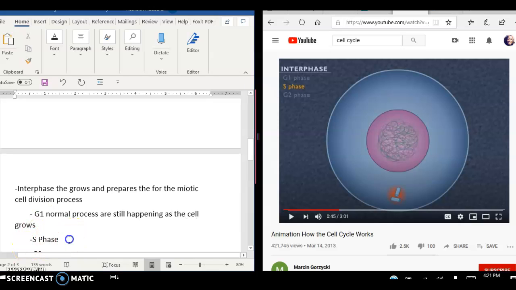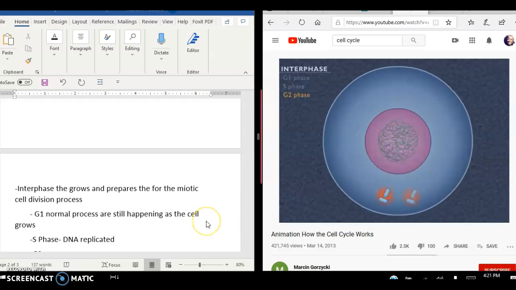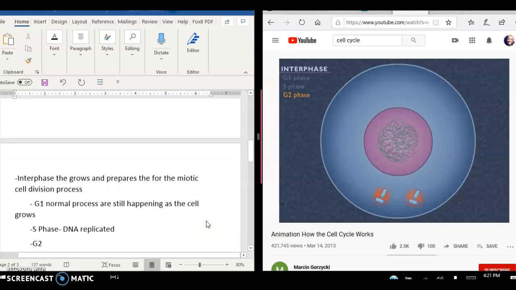During S phase, DNA is replicated. That's a big part of interphase. DNA is replicated. During the G2 phase, the cell continues to prepare for mitosis and cell division.